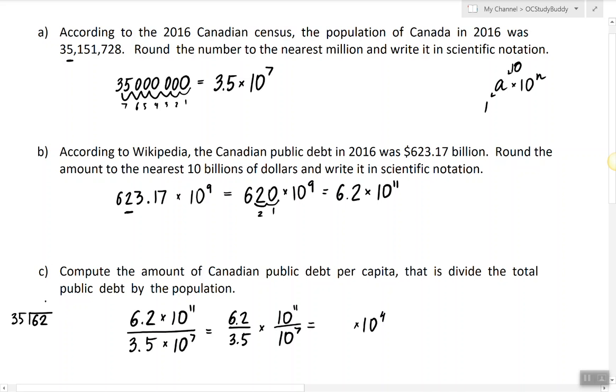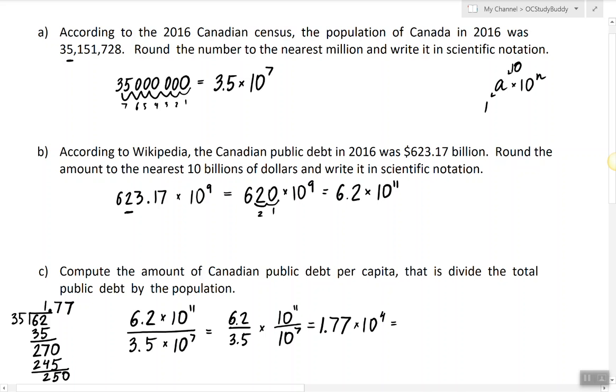So it goes once, and then 7, and there's another 7 there, and there's going to be some remainder. So approximately this number will be equal to 1.77 times 10 to the 4.